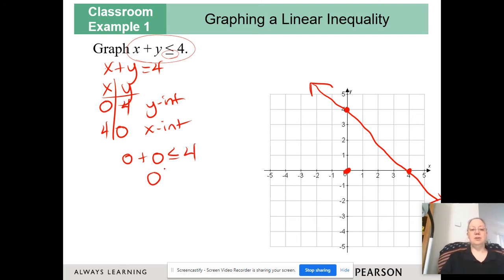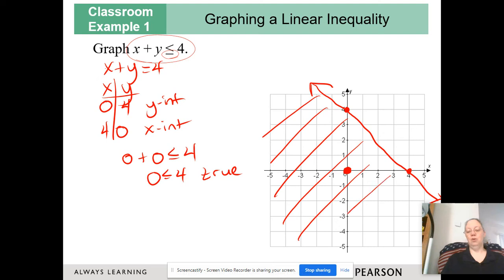Zero plus 0 is 0, and this makes a true statement. Because this is true, we have to shade on the same side of the boundary line as our test point. So we need to shade over here.